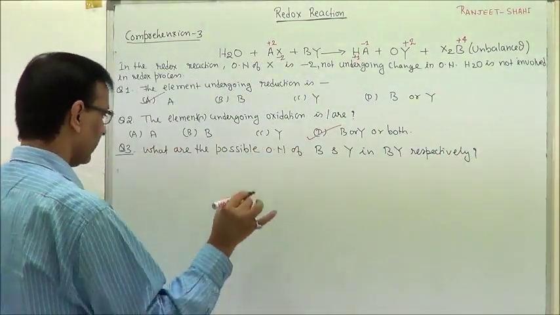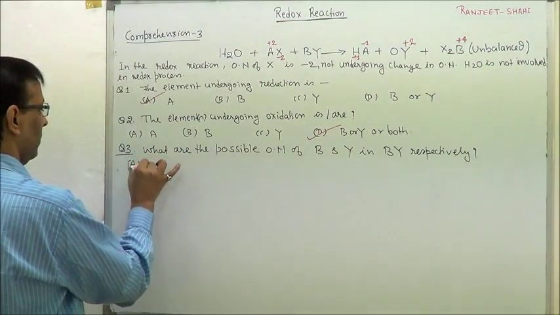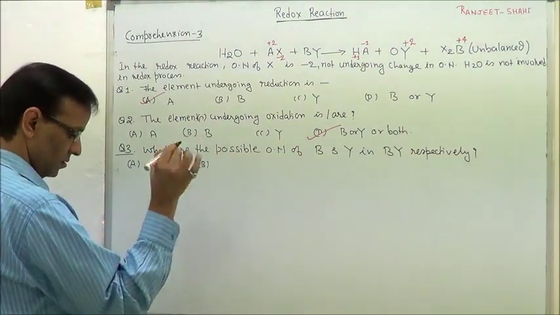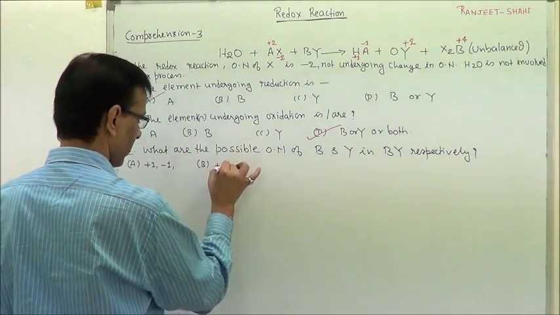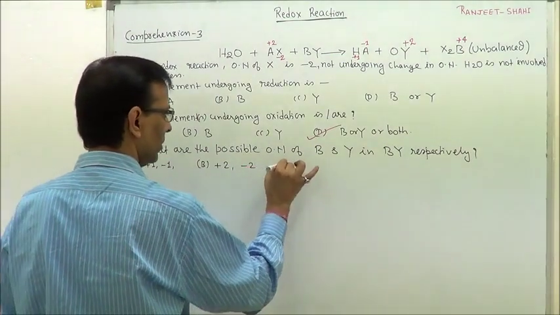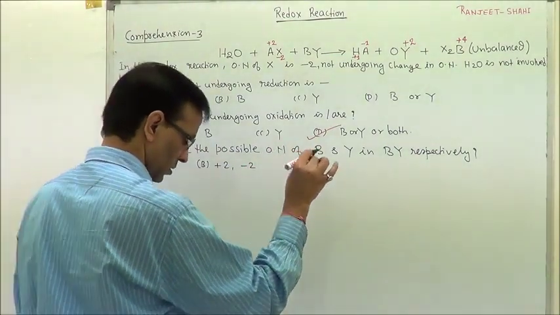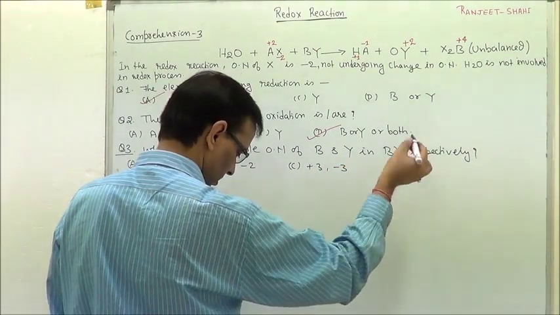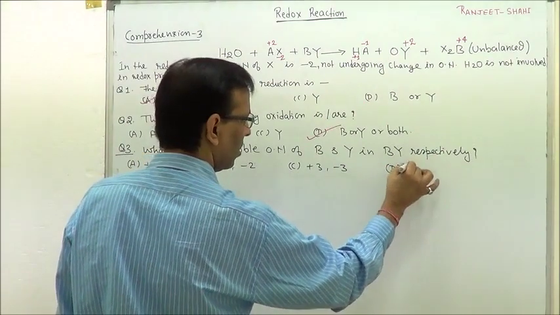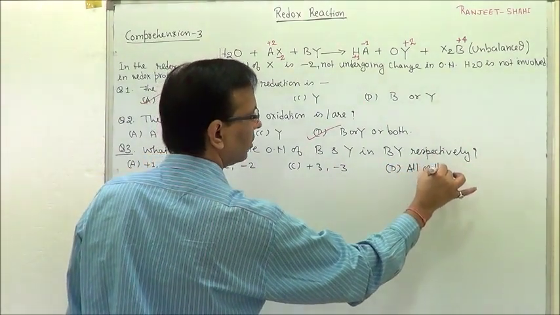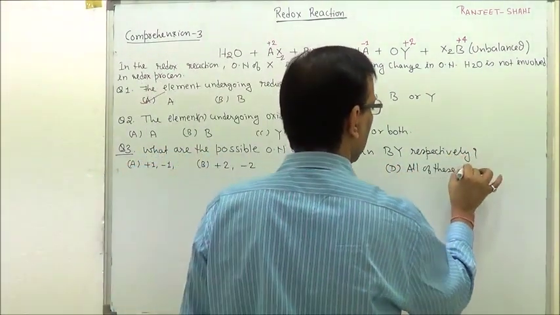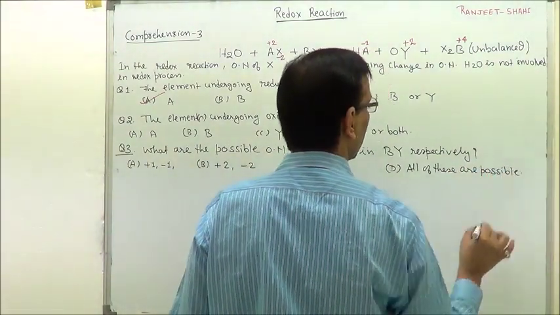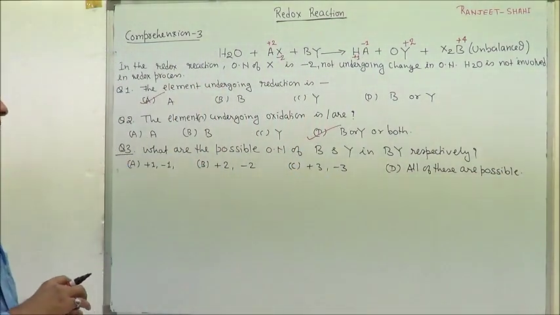And the options are plus 1, minus 1; plus 2, minus 2; plus 3, minus 3; all of these. This is related to oxidation number.